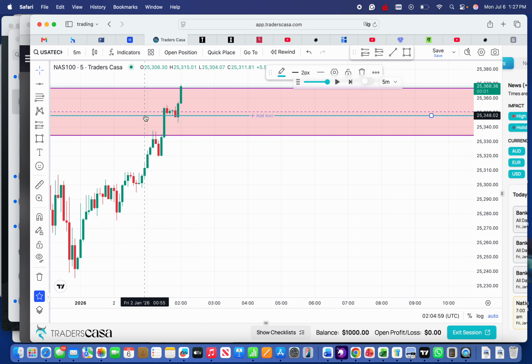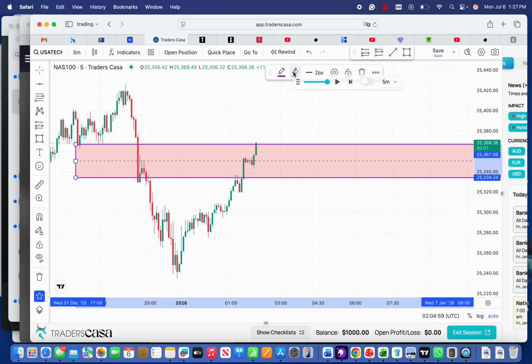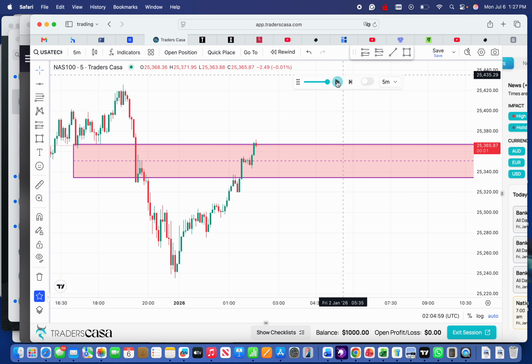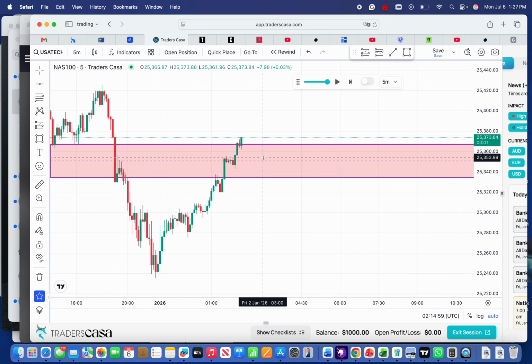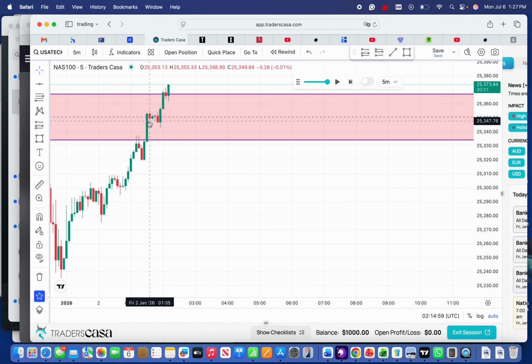Now that makes this high time frame fair value gap an inverse fair value gap. The only thing I would look for, right, this would be a complete setup right here. It's extremely simplified.